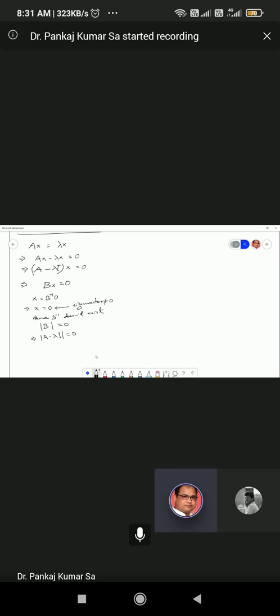So x will be an eigenvector of A if and only if this equality holds, determinant of A minus lambda I becomes 0.